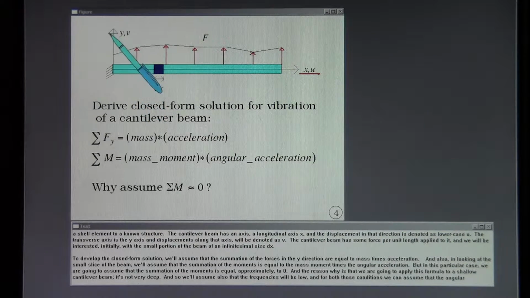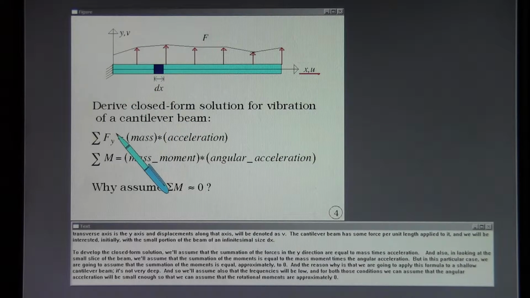The transverse axis is the y-axis, and displacements along that axis will be denoted as v. The cantilever beam has some force per unit length applied to it, and we'll be interested initially with a small portion of the beam of an infinitesimal size dx.